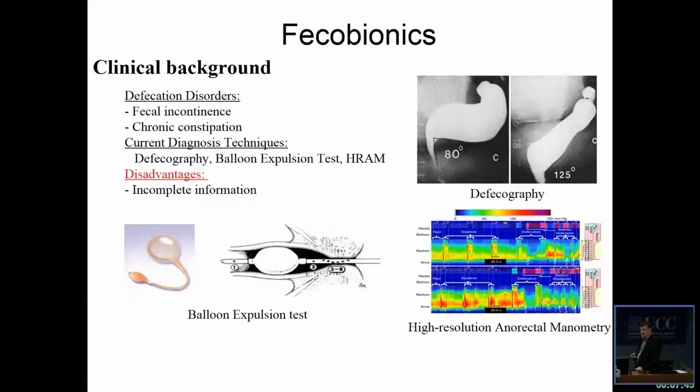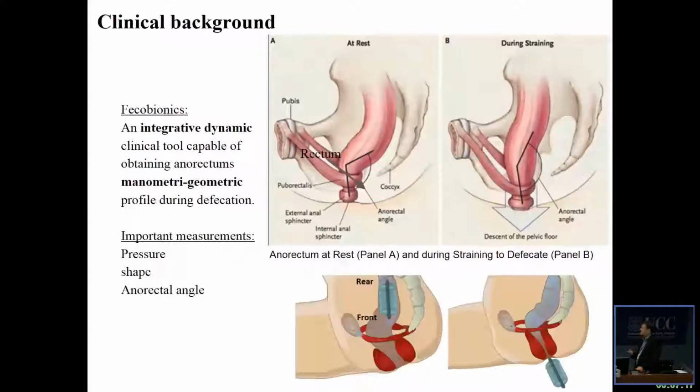So basically, we were interested in developing a device that could give us the same data as we would get from the balloon expulsion test and from high-resolution manometry, and try to integrate that into one device. And you're probably familiar with the balloon expulsion and high-resolution manometry. So we wanted to kind of rethink that.